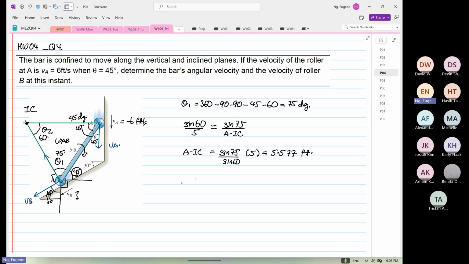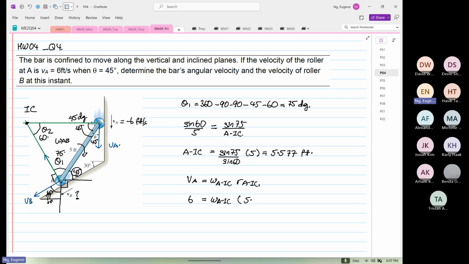So omega AB: we know that VA is equal to omega AIC multiplied by R AIC. VA is equal to 6. Omega AIC is what we're going to find out.